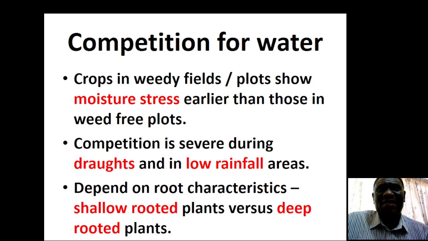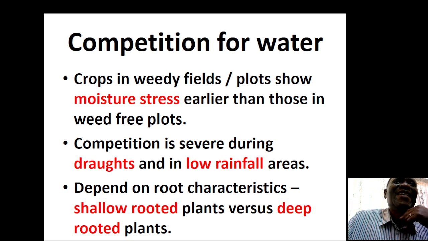Now we move on to competition for water, which is quite direct. Crops in weedy fields or plots show moisture stress earlier than those in weed-free plots. Probably you could have seen it under field conditions. Like this previous season, it was a severe drought.